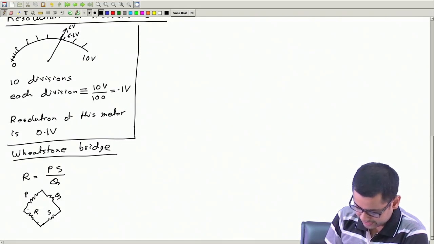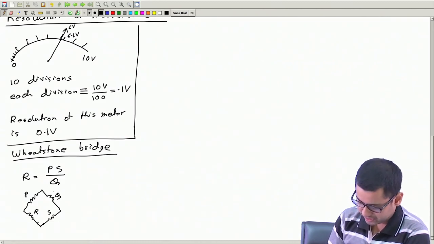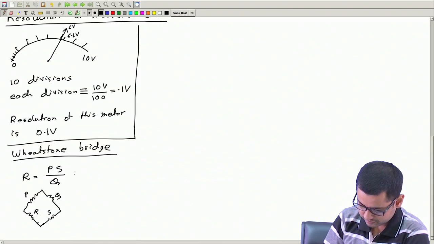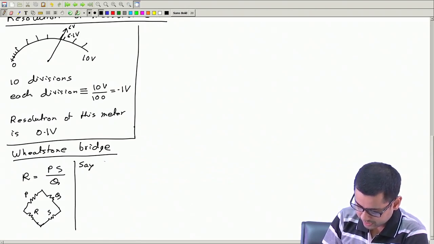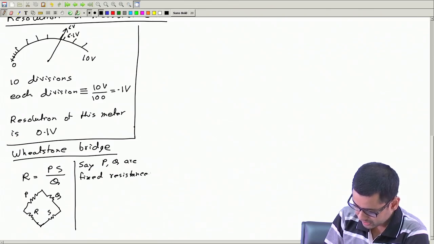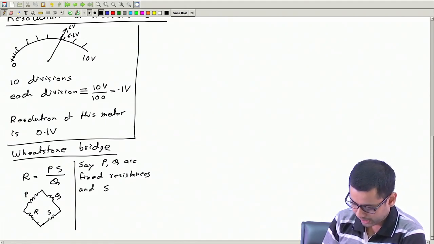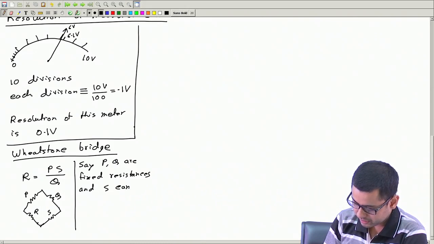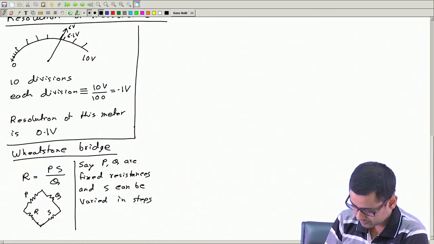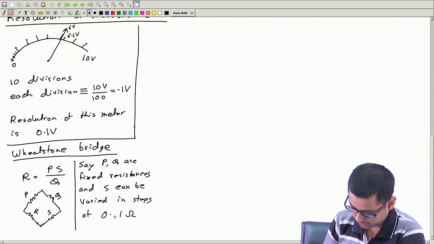Observe and say, suppose that P and Q are fixed resistances, and S is a decade resistance box such that S can be varied in steps of, say, 0.1 ohm.